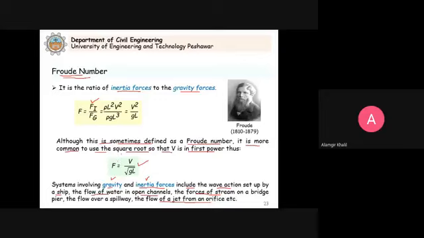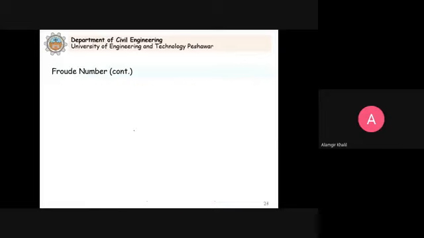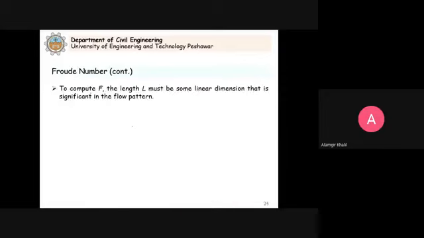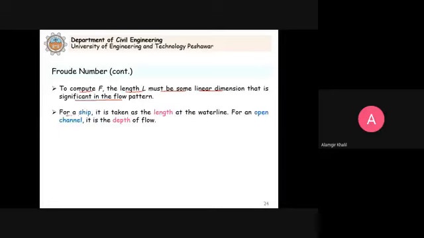Once you identify that for this given fluid mechanics problem you need to consider the Froude number, then to compute it, as I said, the length L must be some linear dimension that is significant in the flow pattern. For a ship, it is taken as the length at the water line.